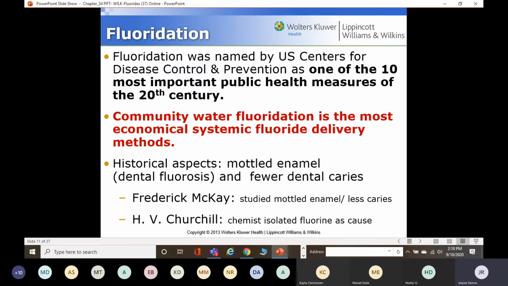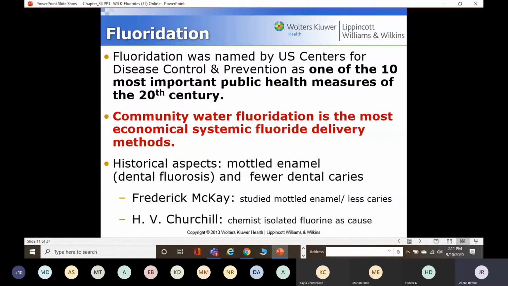And then there were many parts of the country that had hardly any, to a point that it didn't really give any benefit. So Frederick McKay studied mottled enamel, and he noticed that they were not good looking teeth, but they did not have a lot of decay, and how strong they were due to all that excess fluoride.